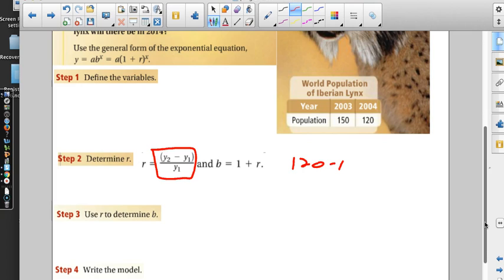So 120 minus 150 over what it originally was, which was 150. That's going to give us our fraction value for r. Let's see what we get. 120 minus 150 is negative 30. And if we divide that by 150, 20%. It went down by 20% that year.